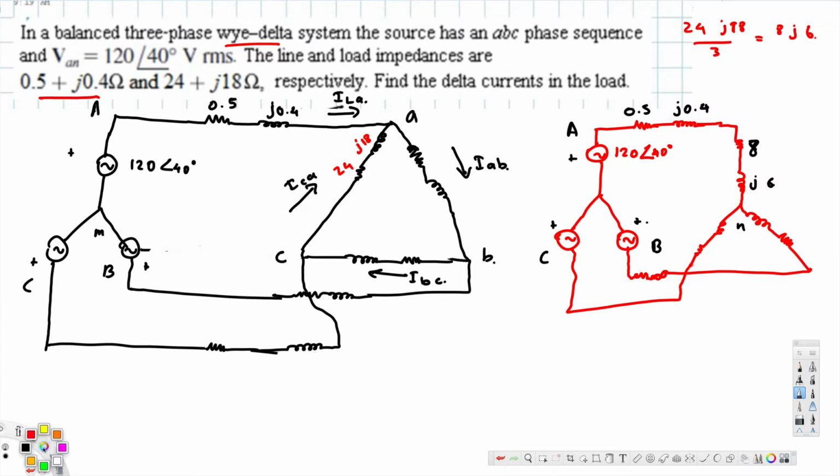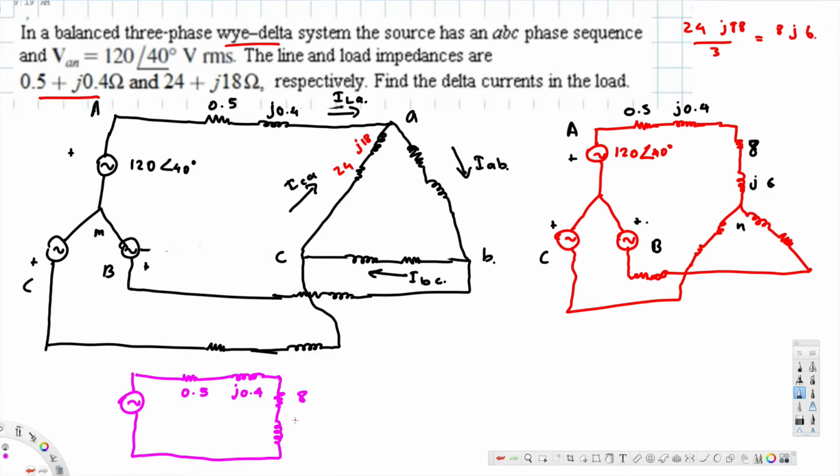Now let's make a simple circuit. This is 0.5 plus j0.4, and this is 8 plus j6, with the 120 angle 40 degrees voltage. Next we are going to calculate the line current.